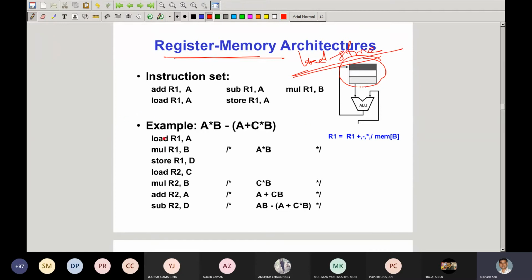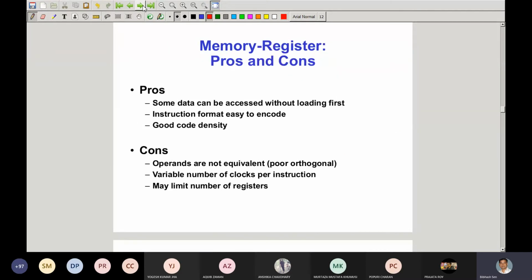And now you will find that in the register-memory architecture, you get some advantage of the registers and some of the memory. So some data can be accessed without loading, and the instruction format is easy to encode with good code density. But operands are not equivalent.